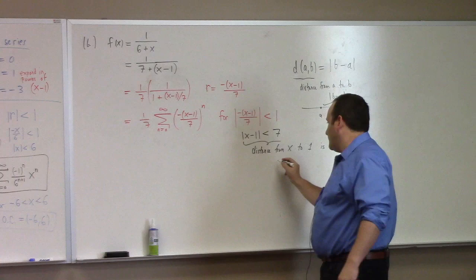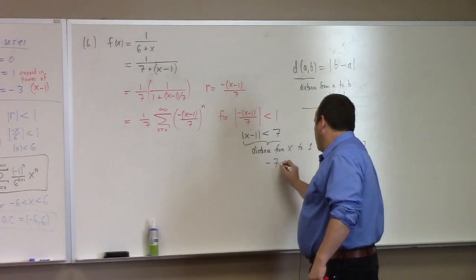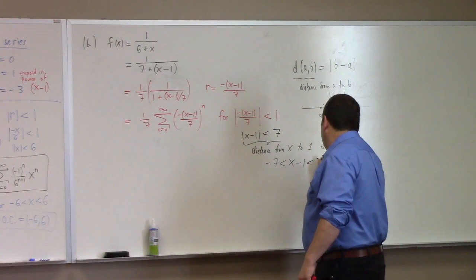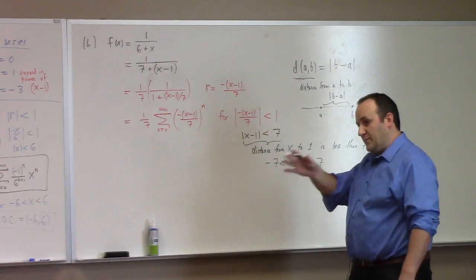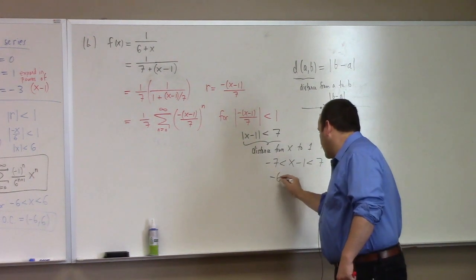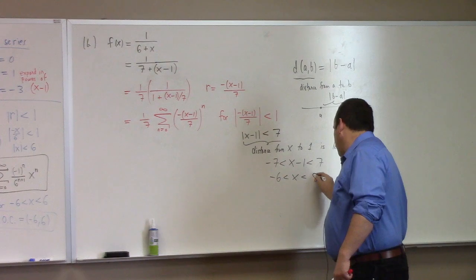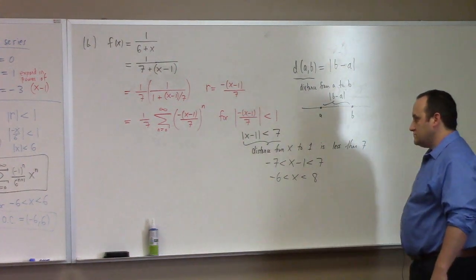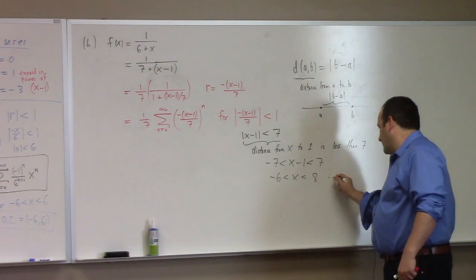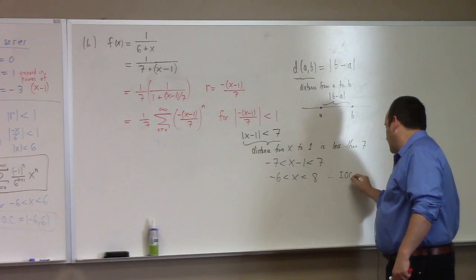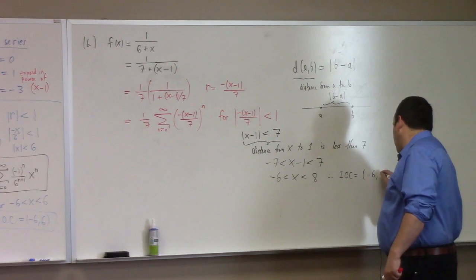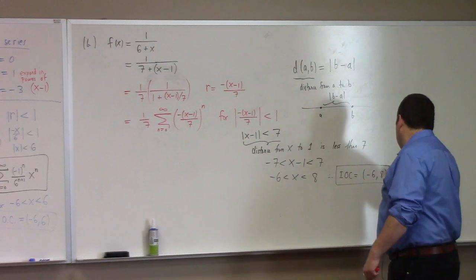Of course, you can also unwrap that. That's minus 7 less than x minus 1 less than 7, which if you add 1 across the inequality gives us minus 6 less than x less than 8. So in other words, the interval of convergence here is minus 6 to 8, not included.